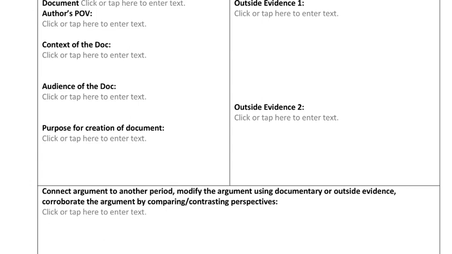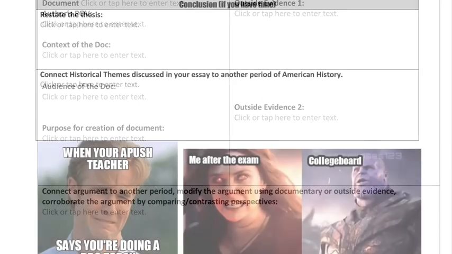That really shows that you have a deep understanding of history, and that meets that analytical requirement at the bottom of the rubric, getting you your 2 points. So again, you're going to be doing this 3 times throughout your DBQ, as you're going to make one for each of the body paragraphs.